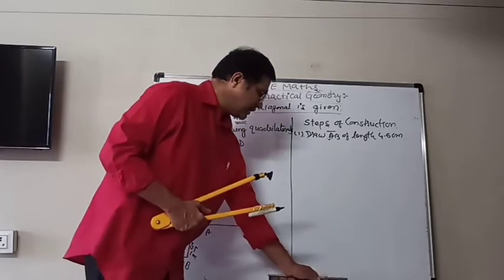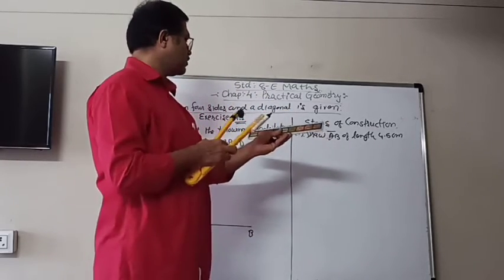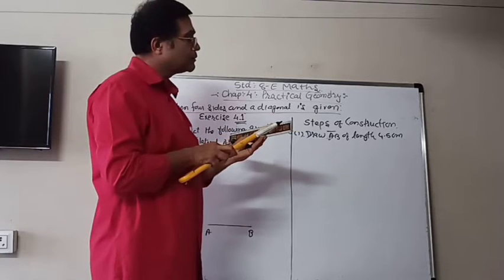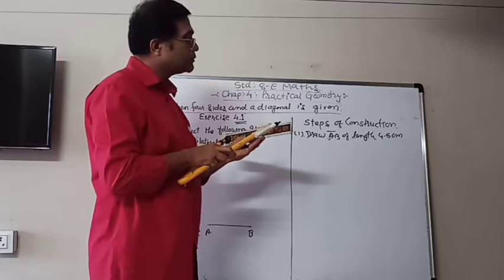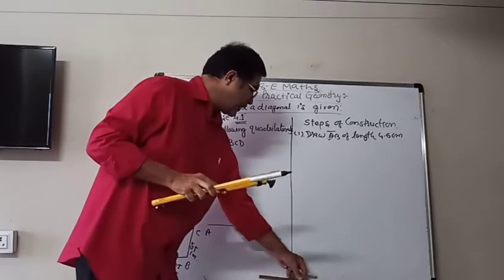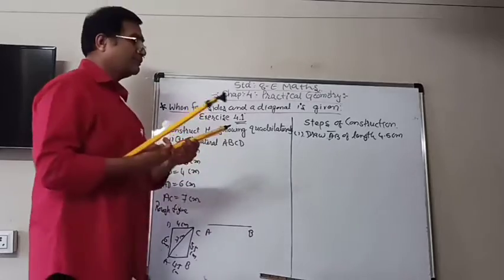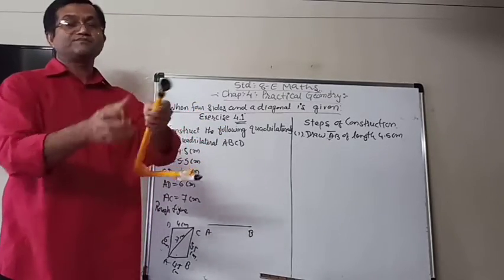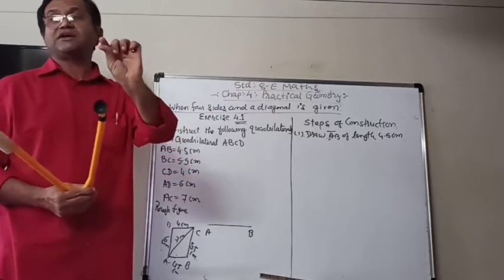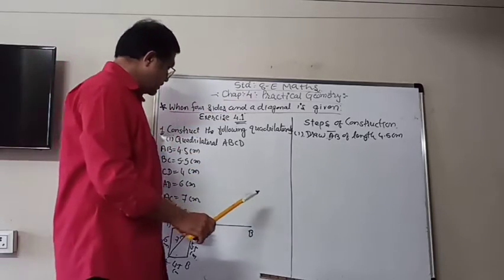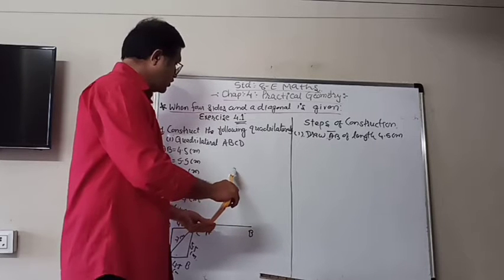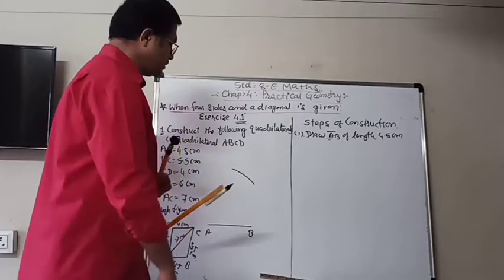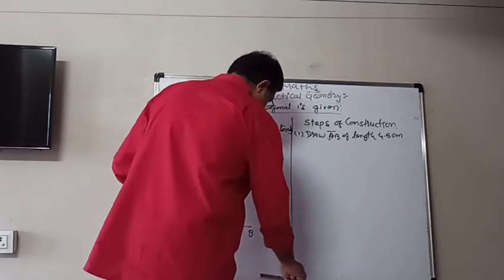So now I will take 28 centimeter on my compass. I will put my point here. You have to put the pointed part of the compass here and draw this way, not too big, not too small. Right? So now what did you draw? You drew an arc.